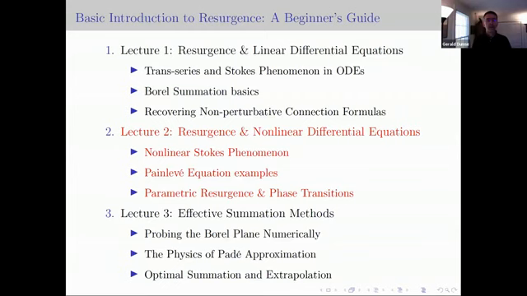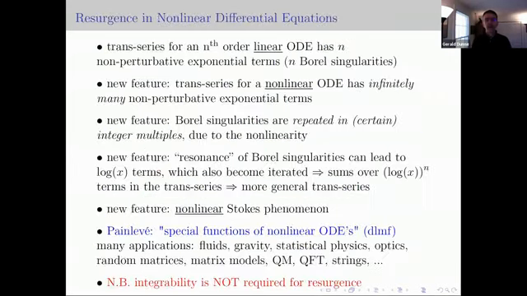So just some general remarks to start off. If we have a linear ODE of nth order, then there are typically n non-perturbative exponential terms, which we can identify with n Borel singularities. Once we go to a nonlinear ODE, as Adri just mentioned, as soon as we have one exponential, we immediately have infinitely many exponentials, just because of the nonlinearity.